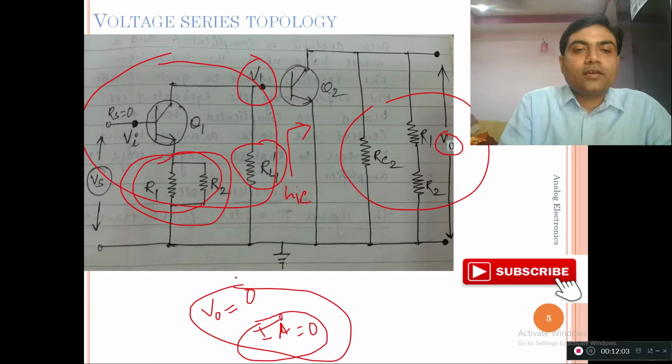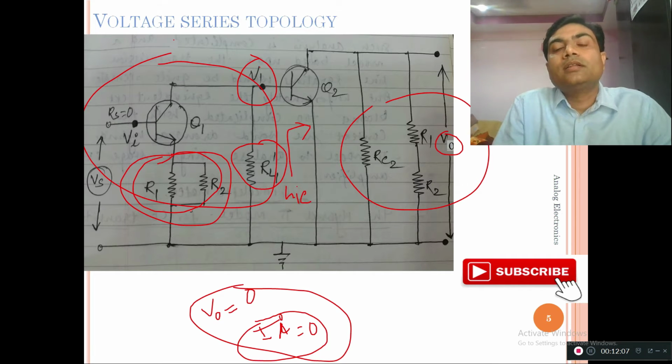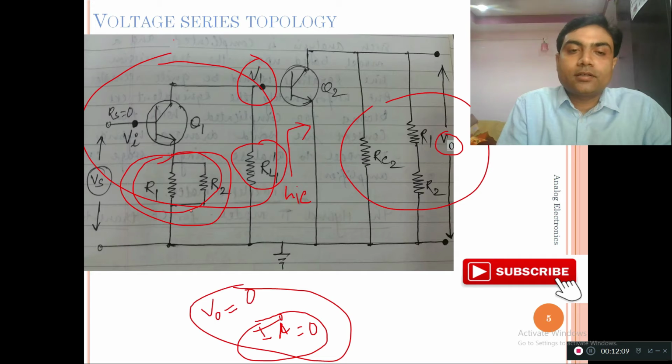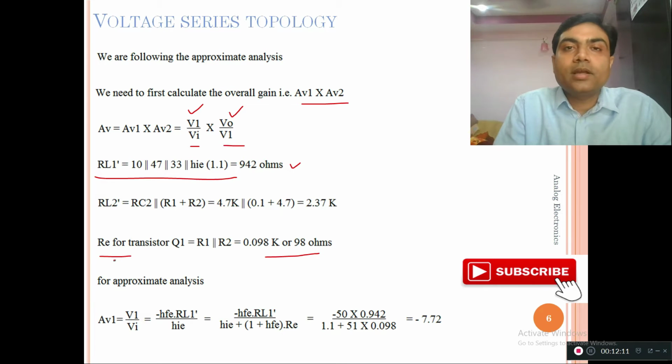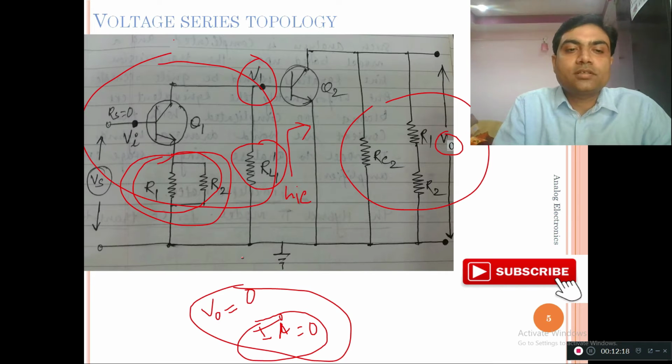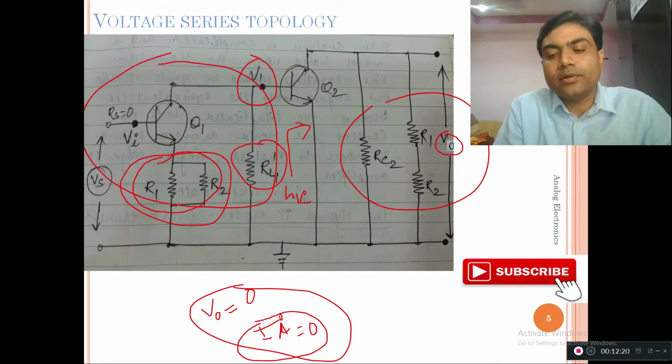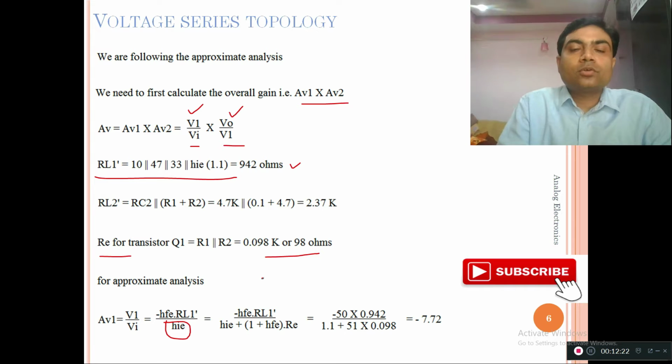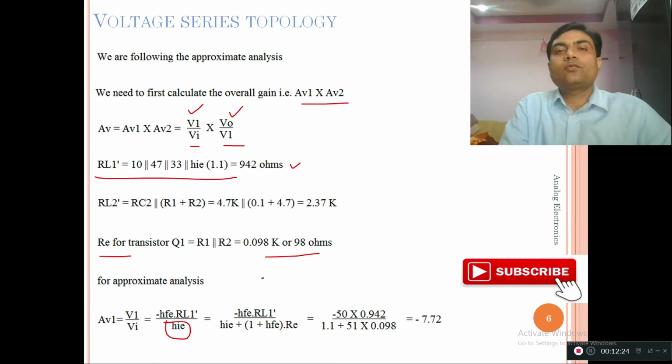Here if there were no resistances present, then we could directly calculate the numerical value by writing the value of HIE. But this is not the case. Here we have two resistances R1 and R2 present in the emitter leg of the transistor. So this is the case of RE.